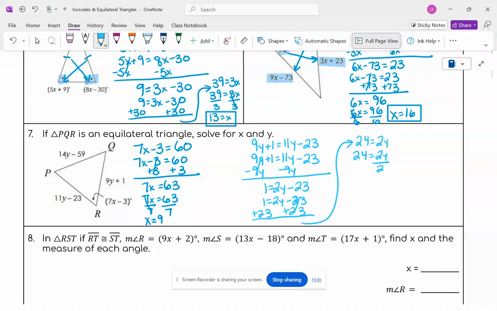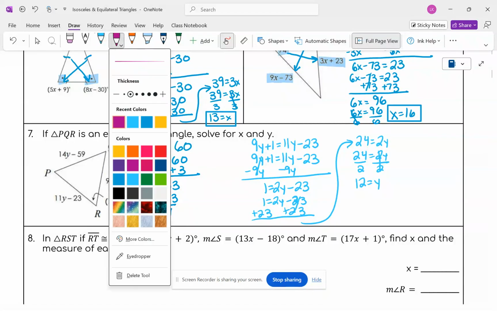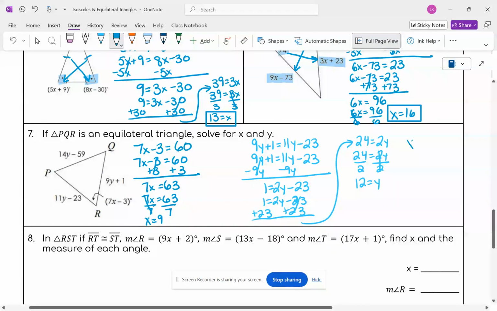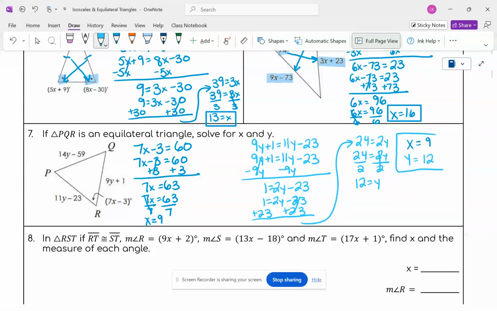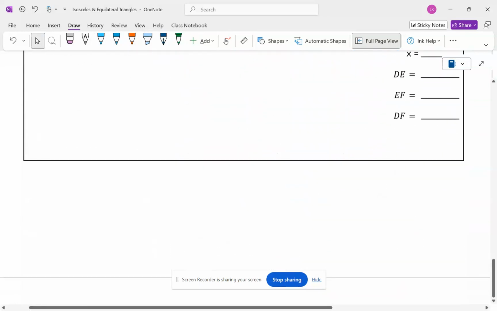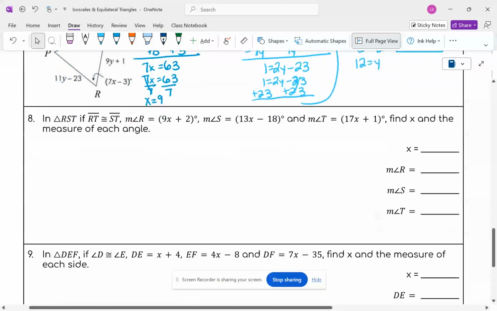We divide both sides by 2. And 12 is equal to y. So our final answer is x equals 9 and y equals 12. And you're done.